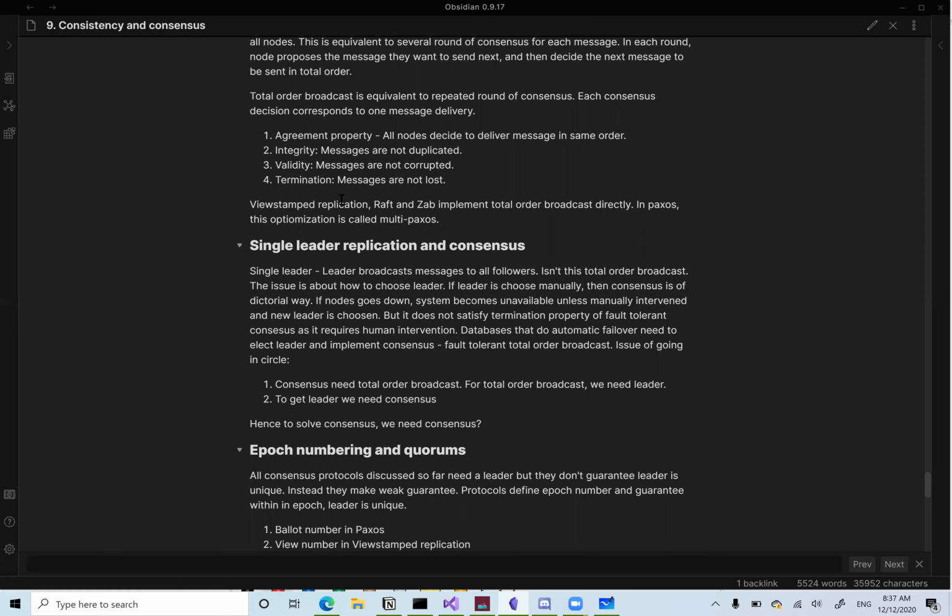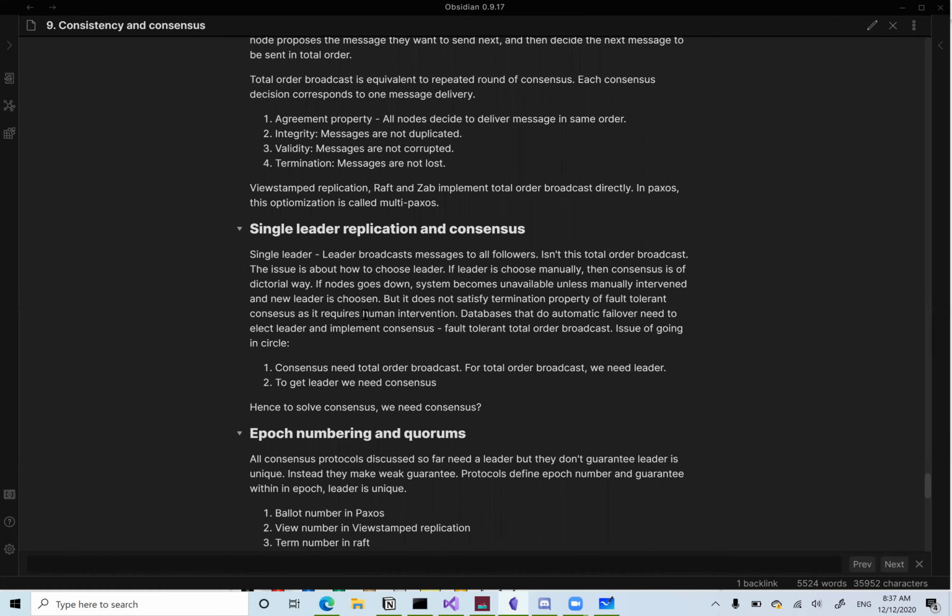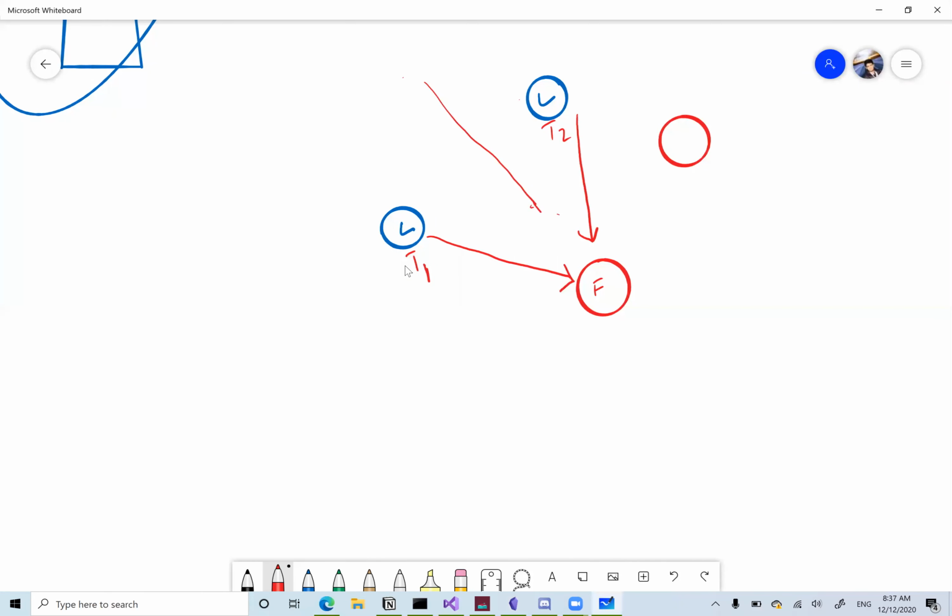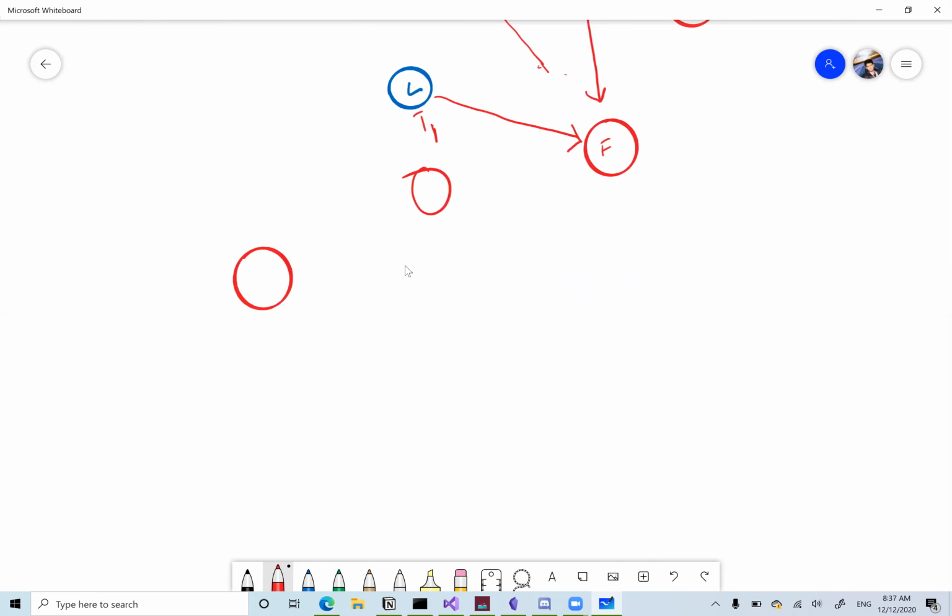Could you give an example of what total order broadcast is? Total order broadcast means that if we have a set of nodes in the system, and one node has M1, M2, M3, then this same message order should be delivered to all the nodes. M1, M2, M3 should be delivered here, and M1, M2, M3 should be delivered here.